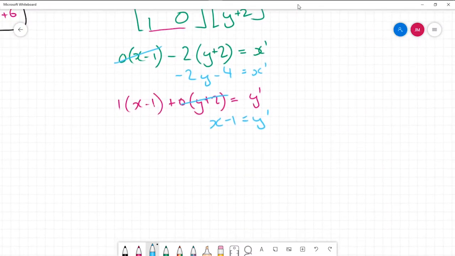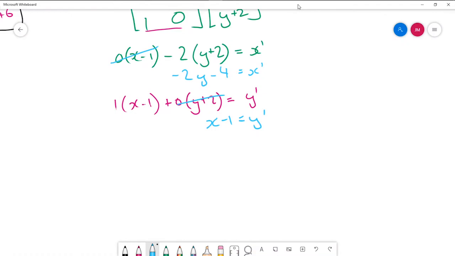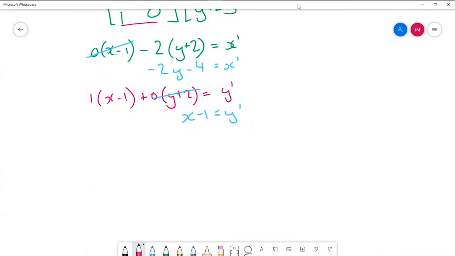Now let's try and get these in terms of x and y by themselves. So let's write our two equations. Let's take this one out, and we'd have a negative. So let's divide by negative 2. So I get y plus 2 equals, over here, negative x dash on 2.